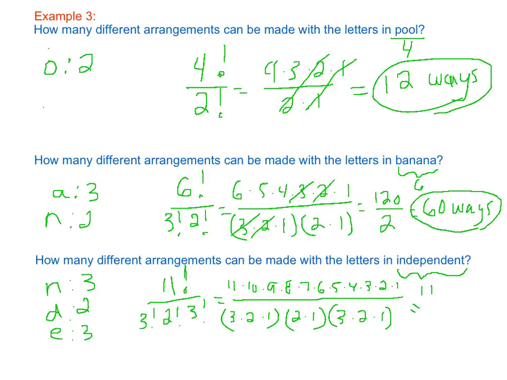When we simplify this, we end up getting 554,400 ways.